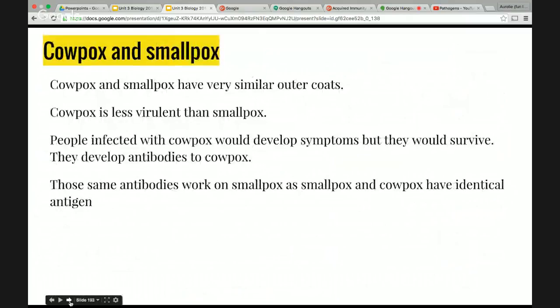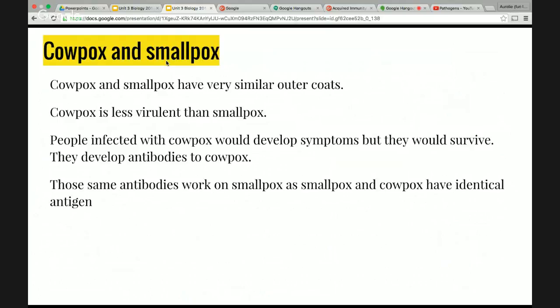One example of vaccination is how the smallpox vaccine was produced. Cowpox and smallpox have very similar outer coats, okay? Their outer protein coats are very similar. Cowpox is less virulent than smallpox.